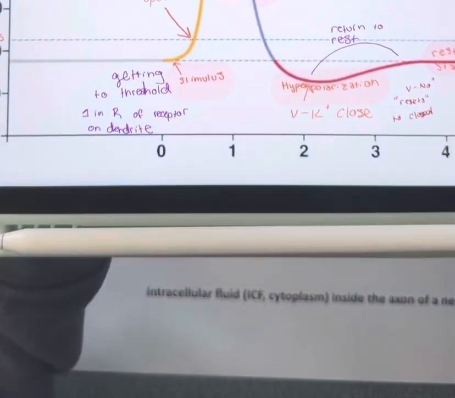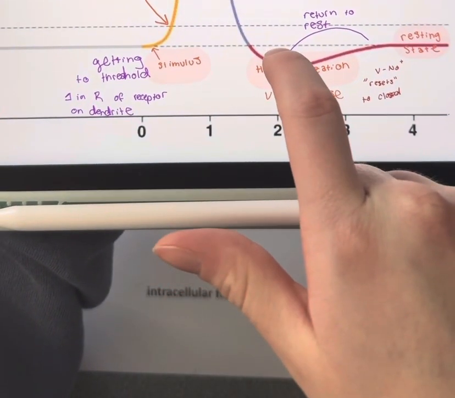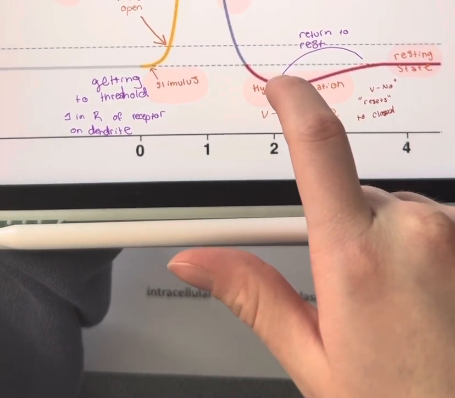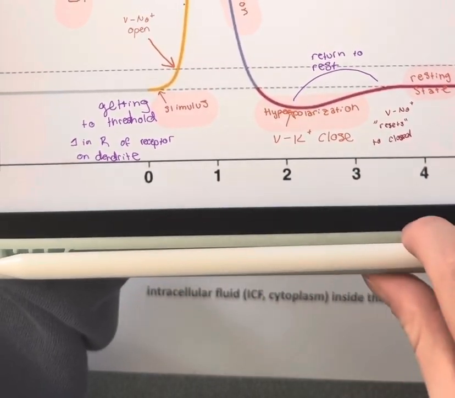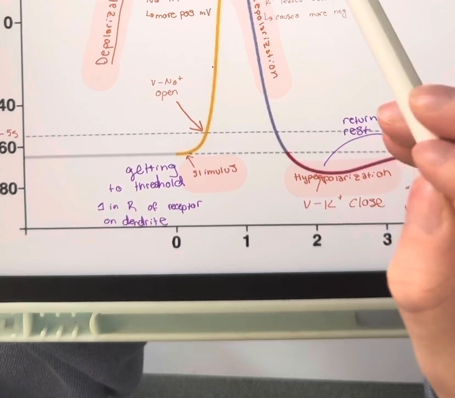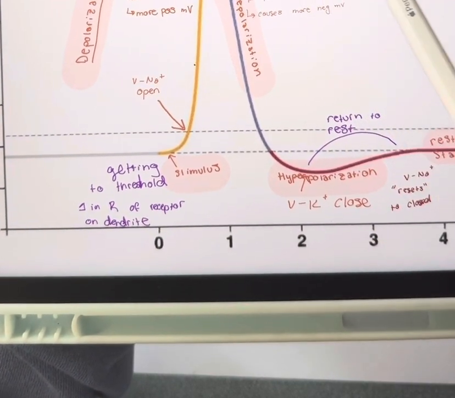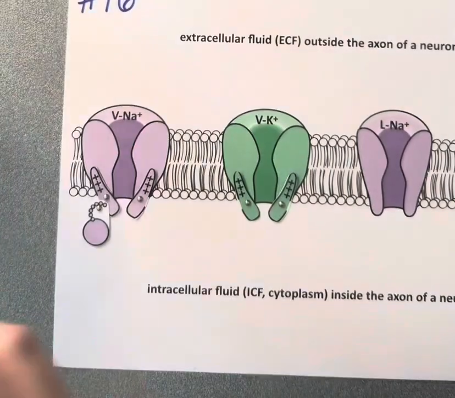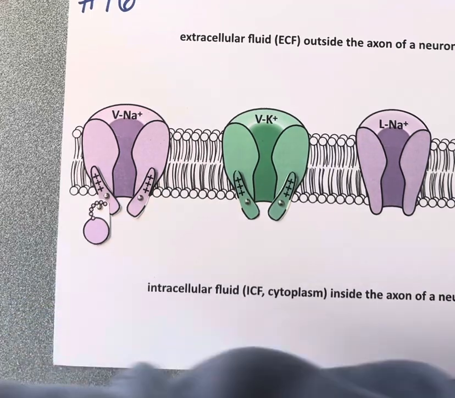So instead of normally falling back down to -70 mV, the membrane potential would stay elevated or continue to repolarize very slowly, depending on which ion dominates.